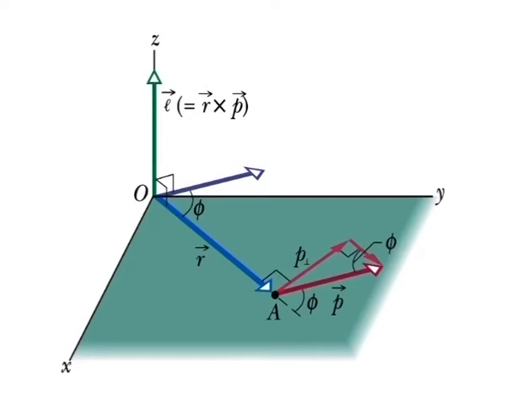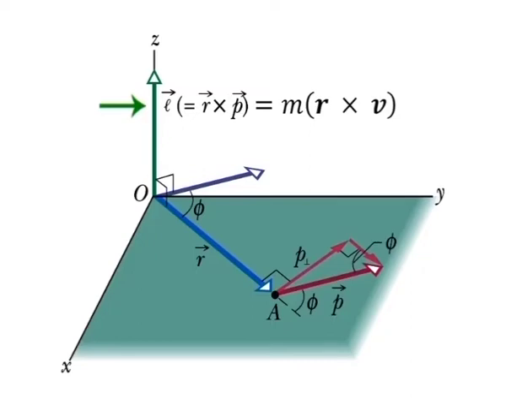Angular momentum. Figure shows a particle of mass m with linear momentum p as it passes through point A in an xy plane. The angular momentum of this particle with respect to the origin O is a vector quantity defined as L = r × p = m r × v.